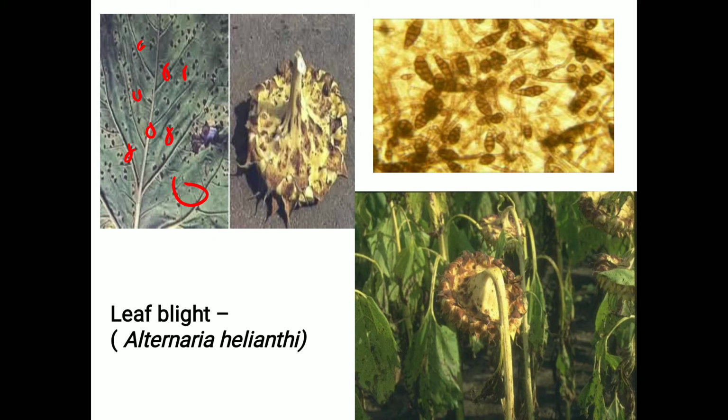When the spots increase in size, they coalesce with each other, and due to that large lesions are observed on the leaves, and sometimes on the ear head, and the plant shows a burning appearance. So that's why it is called leaf blight.